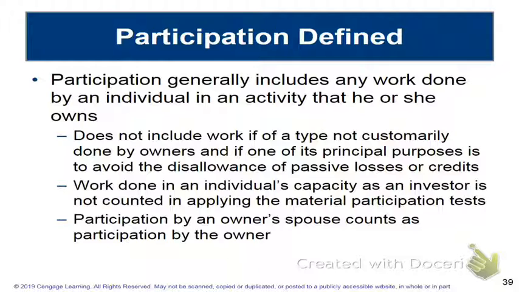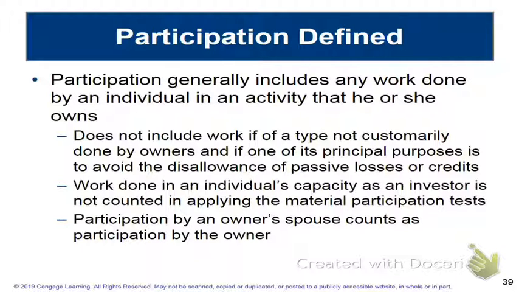There's an ethics case in here. If you get time to read it, it just gives you an idea of what people could do. Work done in an individual capacity as an investor is not counted. Investors do not usually materially participate. And participation by an owner's spouse counts as an owner. That also is involved in the ethics case in the chapter. An owner and a spouse are one.